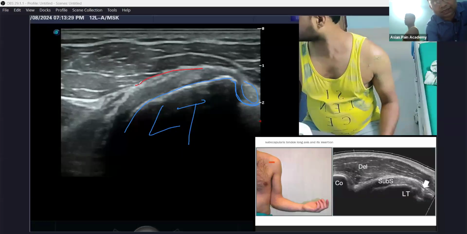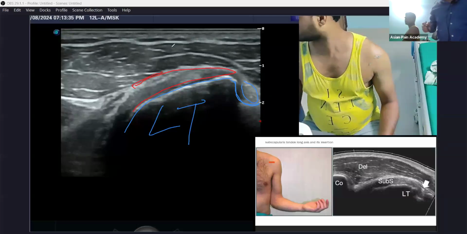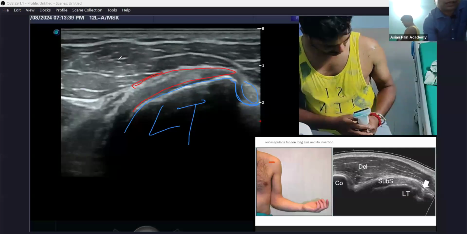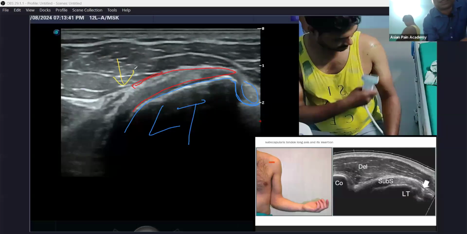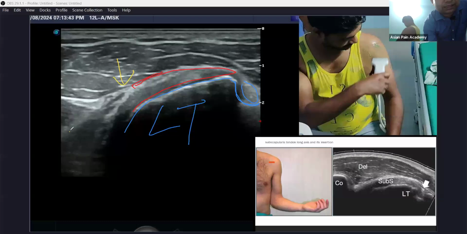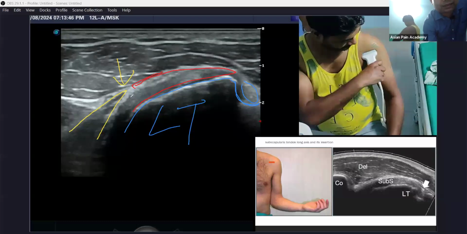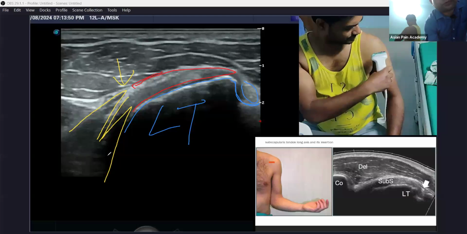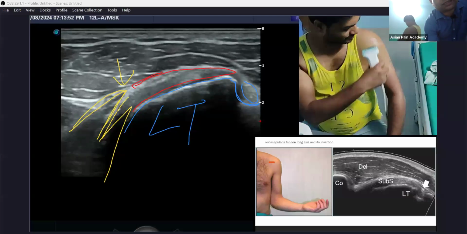So this is the subscapularis tendon. This is the subscapularis tendon. But now here one more important thing is there, that this part is nothing but the myotendinous junction. Why? We can see some black area and some white area, again some black area. So this is the myotendinous junction.